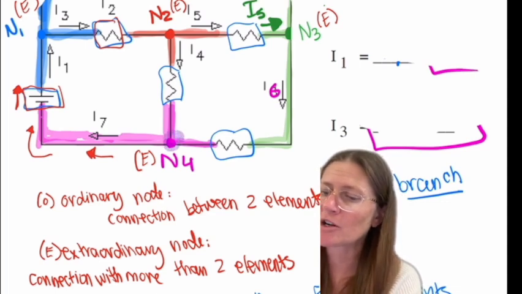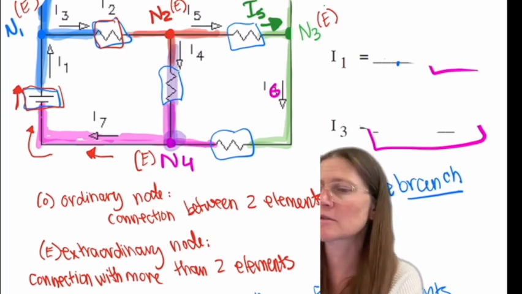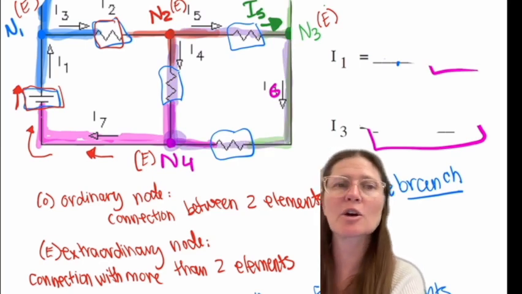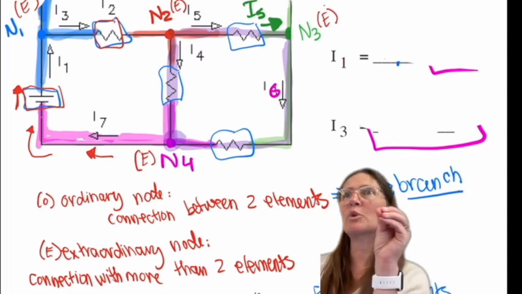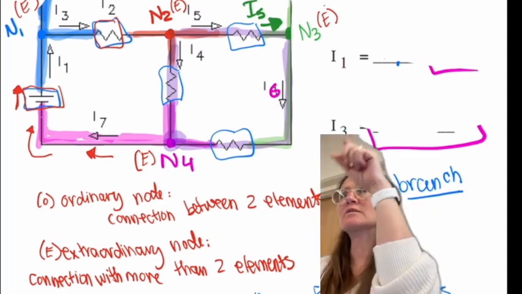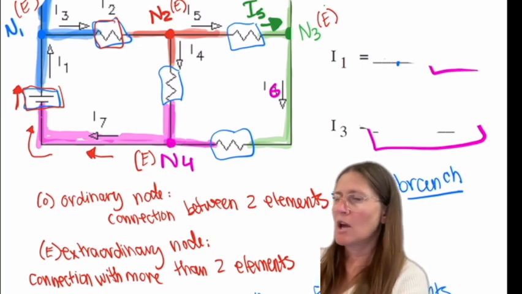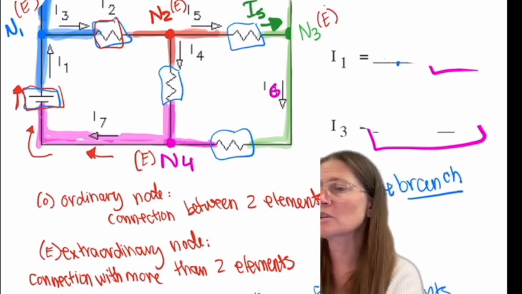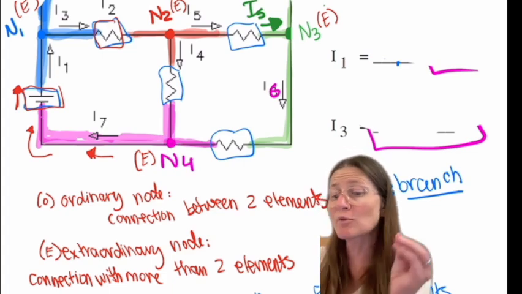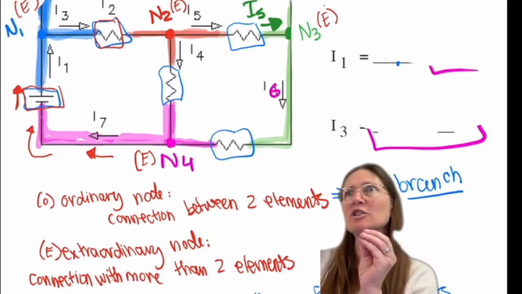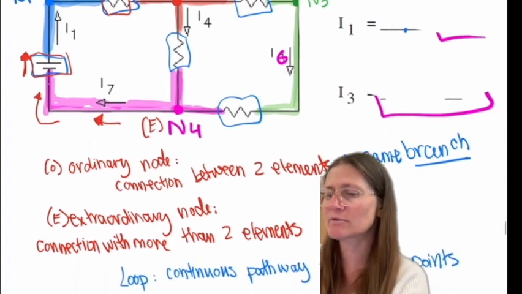So say I start here at the N4, I go up through this element, and I go through I5, and down here, and then I go back to the same point that I started. That would be considered a loop. A branch is going to be, if you have ordinary nodes, they're going to be in the same branch, and a branch is a connection between two extraordinary nodes.